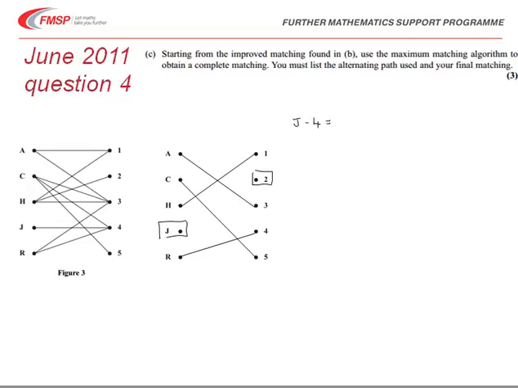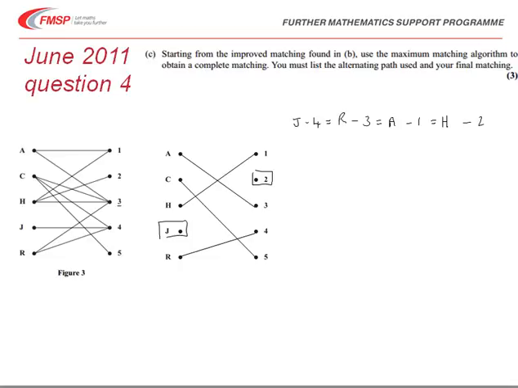But 4 is currently matched with R. R could then be matched with 3. But 3 is currently matched with A. The only alternative for A is to match it with 1. But 1 is matched with H. And then finally that gets us to our objective 2. So our alternating path is J to 4 to R to 3 to A to 1 to H to 2.